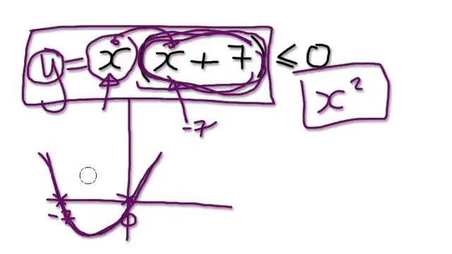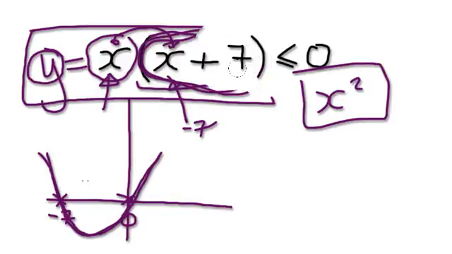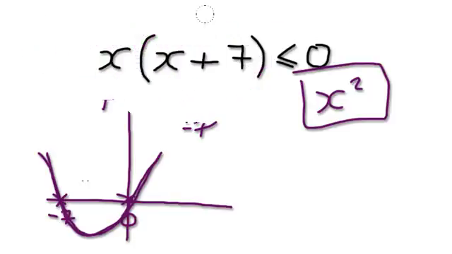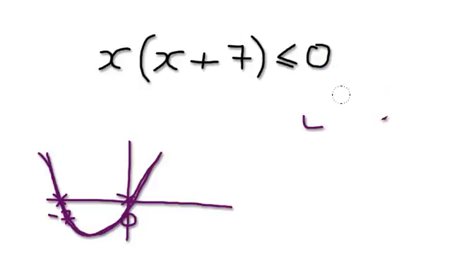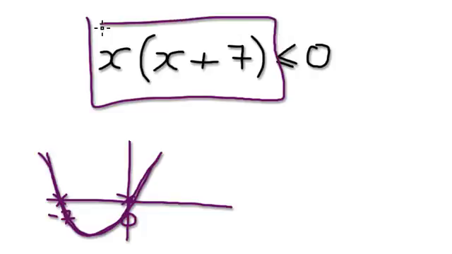Now, hang on, let me clear this up. Looking at our original statement here, we want the whole thing to be less than or equal to 0. Everything in here will be less than or equal to 0.